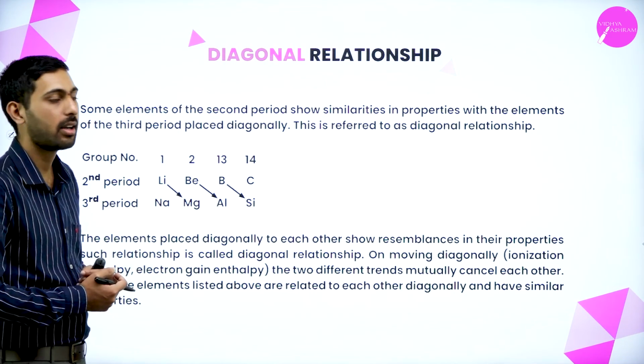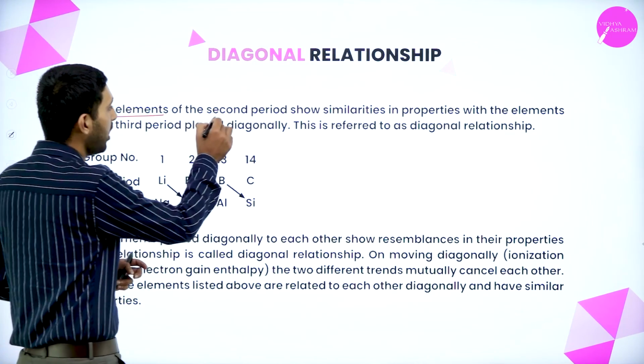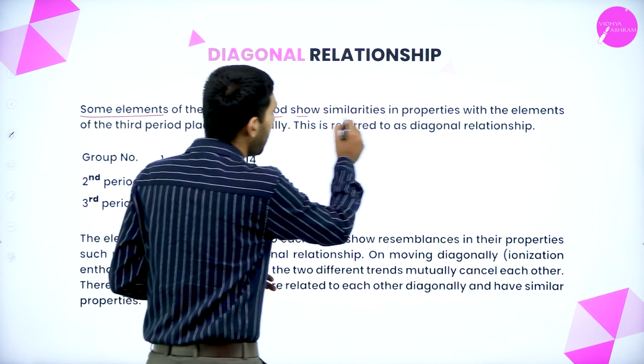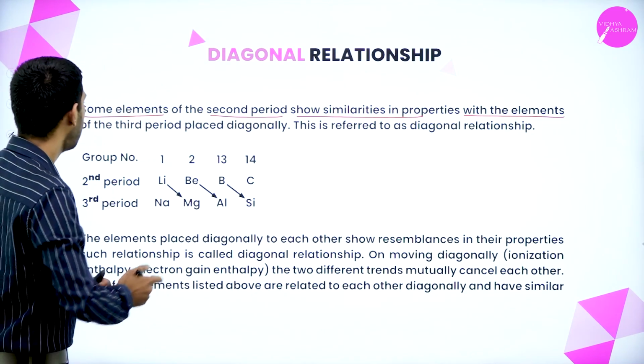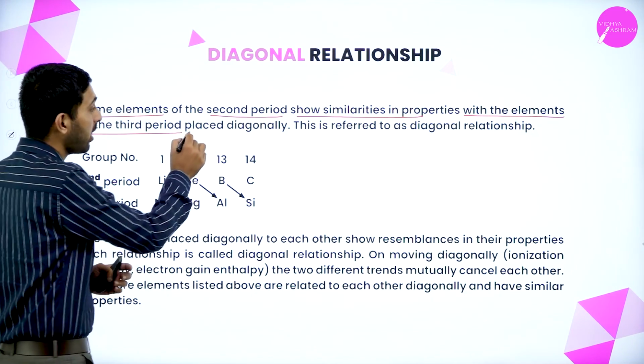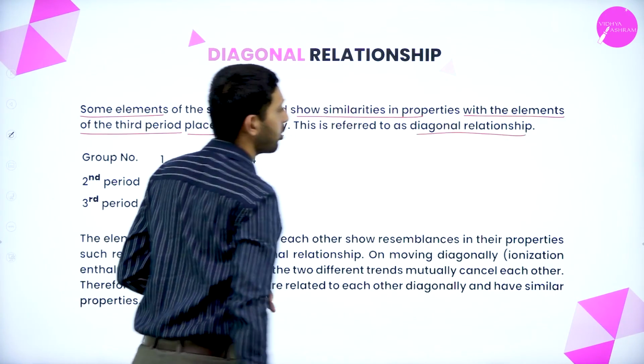What do you mean by diagonal relationship? Some elements of the second period show similar properties with the elements of the third period placed diagonally. That is referred to as diagonal relationship.